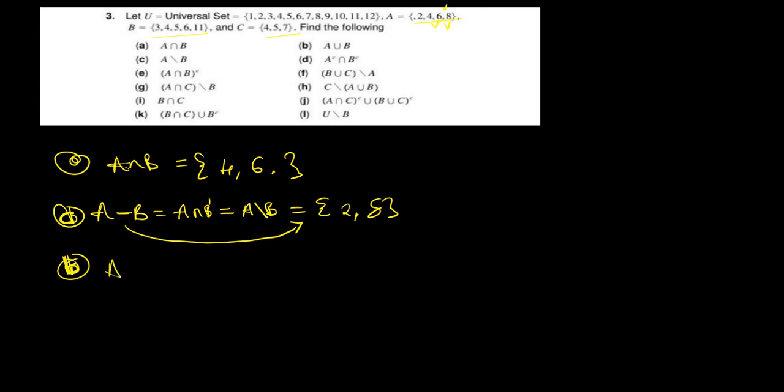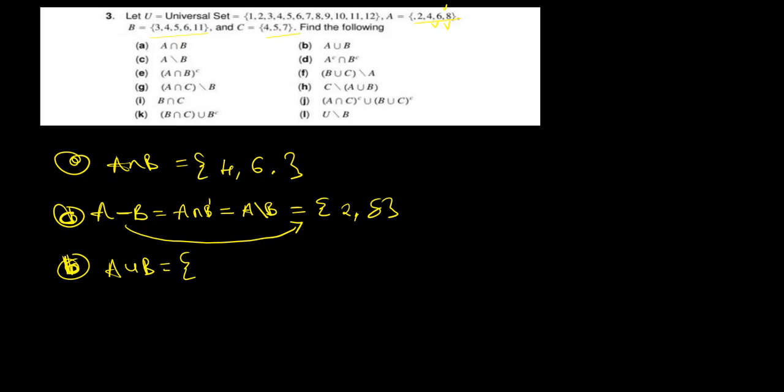So A union B. What you do here is list everything found in A and B, but don't repeat.